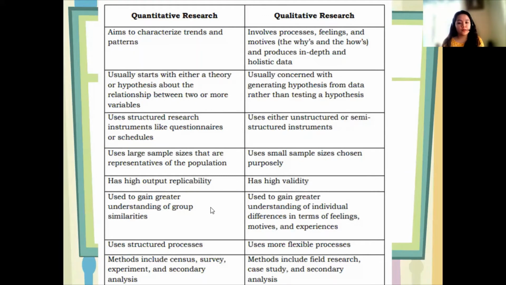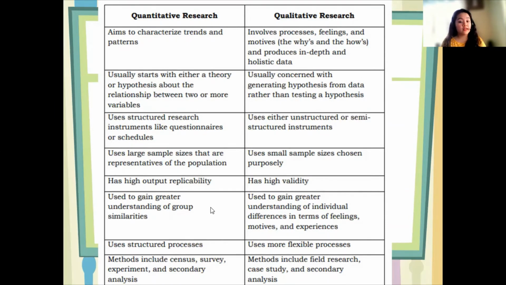Used structured process, quantitative. So structured process, yung may sinusundan. In qualitative research, uses more flexible processes. Bakit? Because of the very complex collection of data, analyzing, interpreting, they use a lot of processes in order to interpret their gathered data. Madaming ginagawa sa qualitative research.